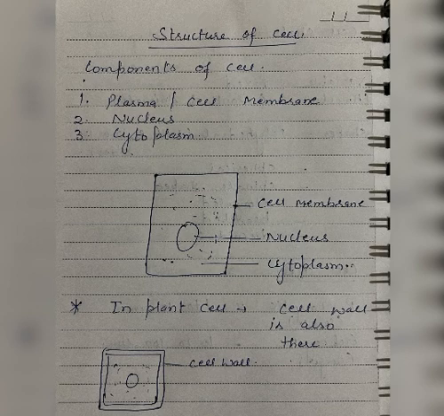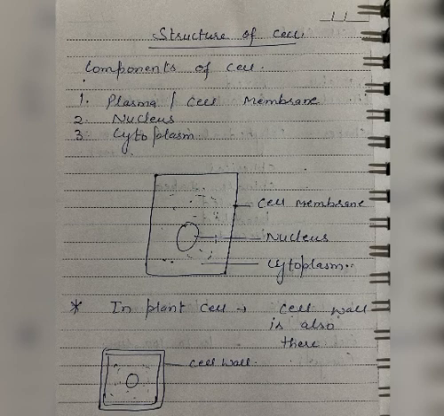Now, the structure of the cell. The cell is formed from different components, the plasma membrane, which is also known as the cell membrane, the nucleus and the cytoplasm. These are the three important components which build the cell, but there is a little difference between animal and plant cells, because plant cells have one more membrane, the cell wall, and animal cells don't have this cell wall.